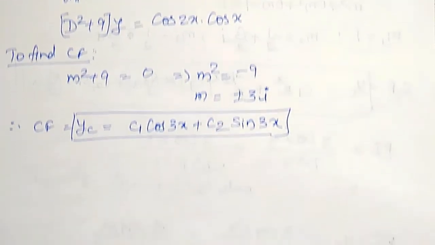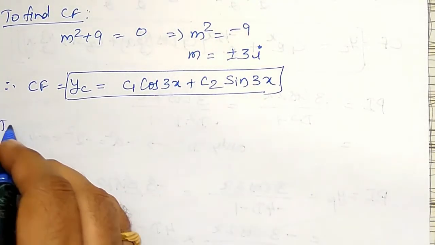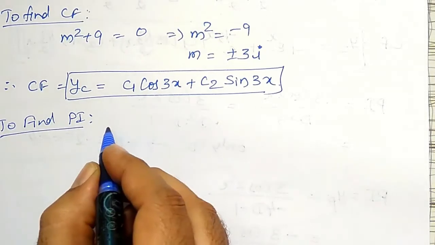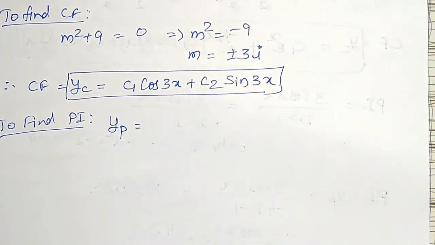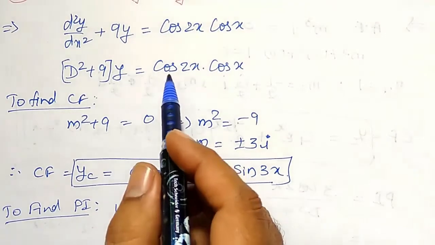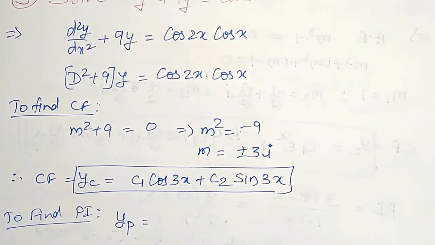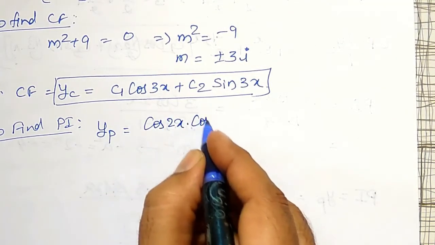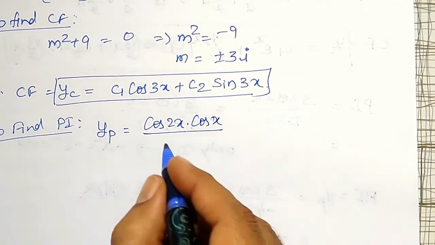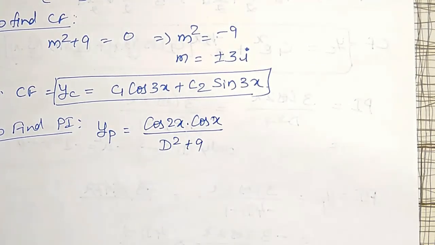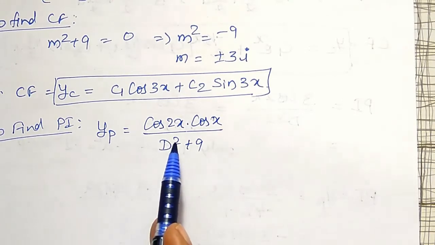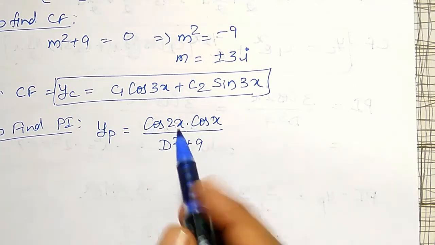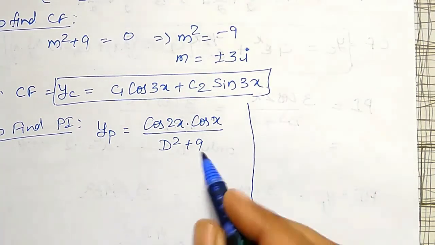Then the particular integral I have to find out. To find PI, yp equal to cos 2x into cos x divided by D square plus 9. As the numerator is a product of two trigonometric terms, I cannot split it directly. Therefore, I can convert this into a sum of two trigonometric terms.